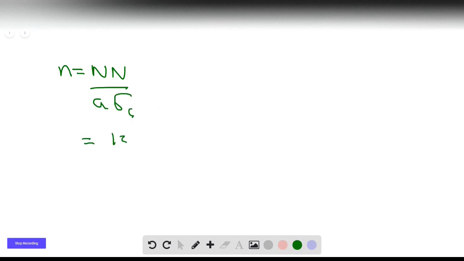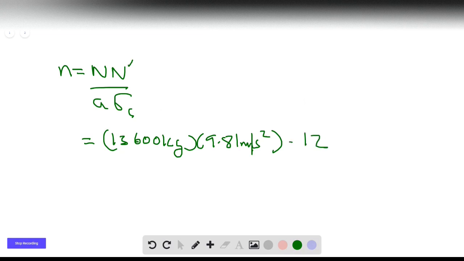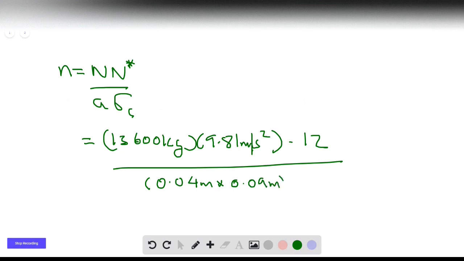So 13,600 kilograms, that's the weight. We have to multiply that by the acceleration due to gravity, 9.8 meters per second squared. And then we also have to multiply that by 12, which is this safety factor, divided by the area, the length and the width, 0.04 meters times 0.09 meters.